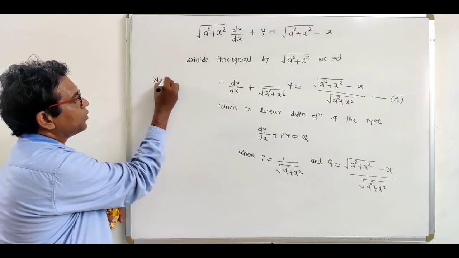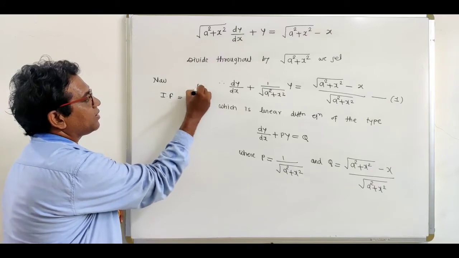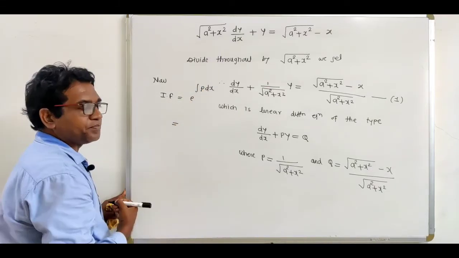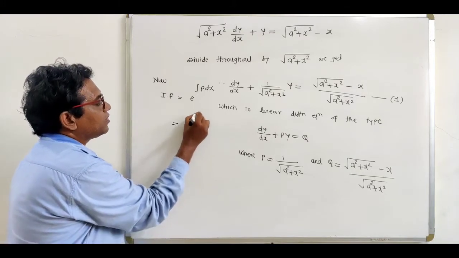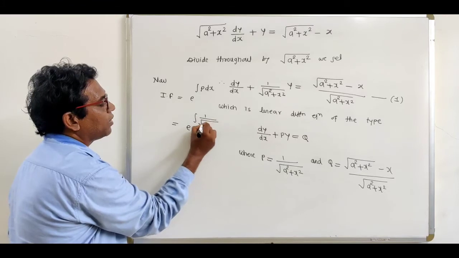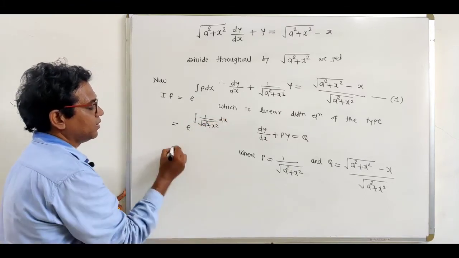Integrating factor is equal to e raised to integral P dx. This is e raised to integral of 1 upon under root a square plus x square dx.